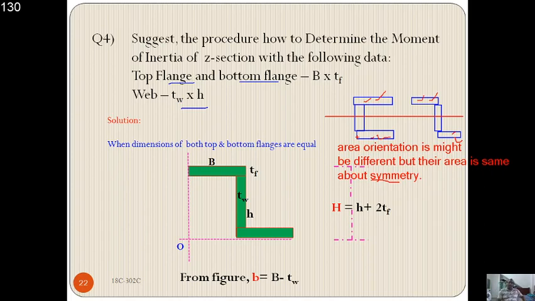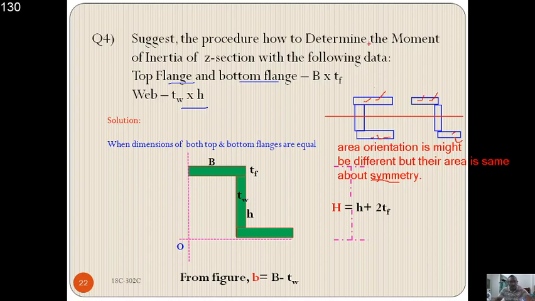That means for the Ixx, we can employ the bh cube by 12 minus small bh cube by 12 procedure, and for the Iyy case we have to employ the parallel axis theorem.